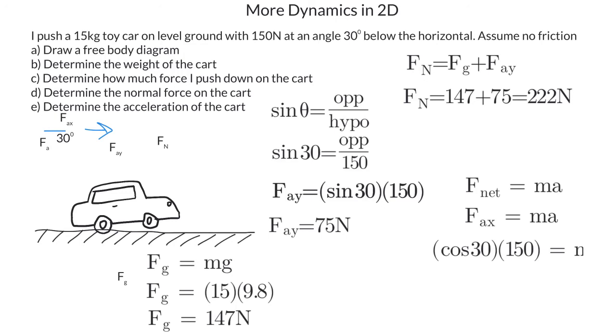And I can already put in the mass of 15. Alright, so if I take 150 and multiply it by the cos of 30, I get, when I round, 130. So we can put that in. So this side will be 130.